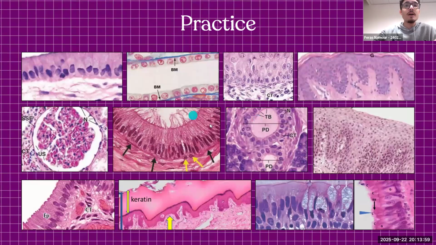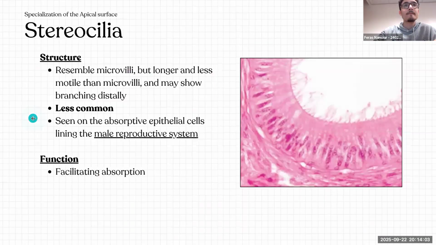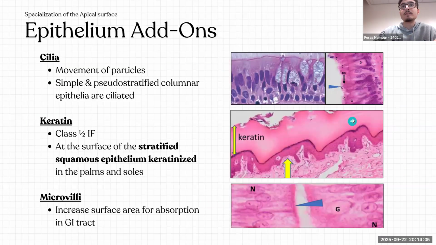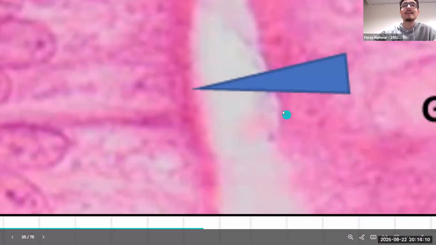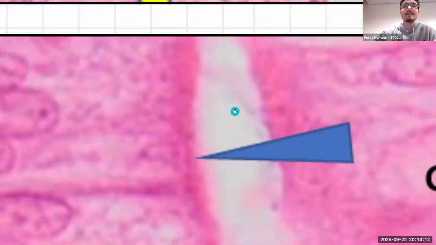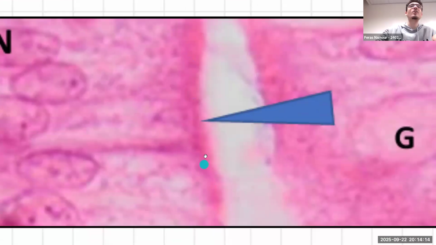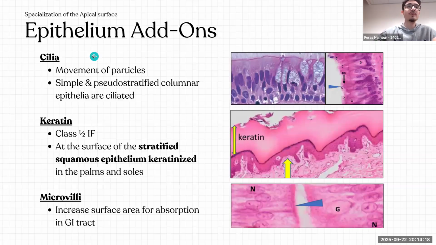If I want to show you microvilli, you can think of it and see it just as a hazy pinkish thing on top of the apical surface. All right, that is microvilli. Don't worry, in the pictures it's almost not visible.